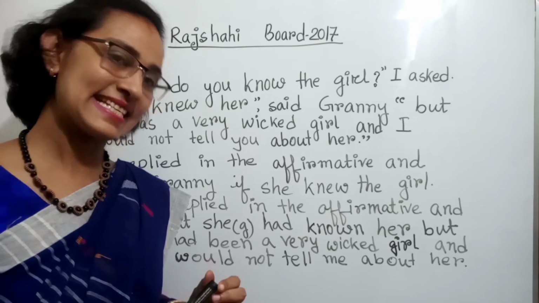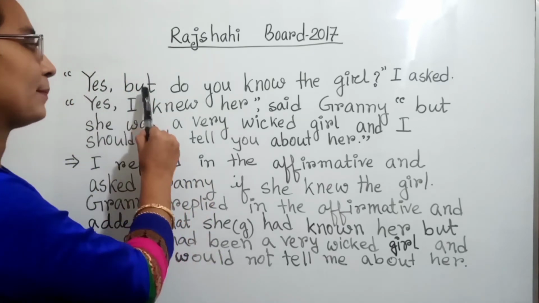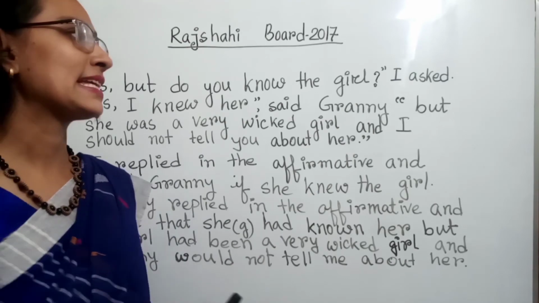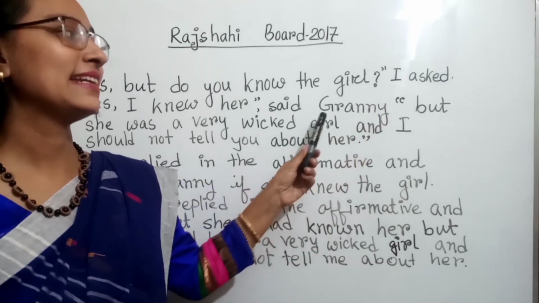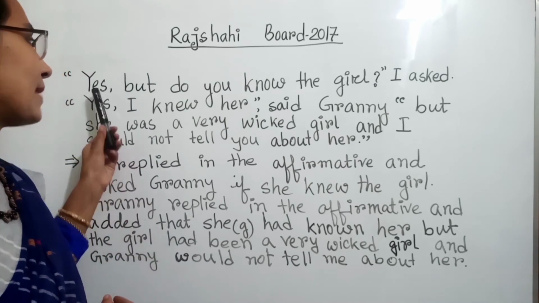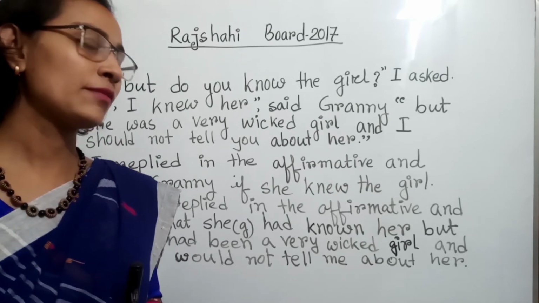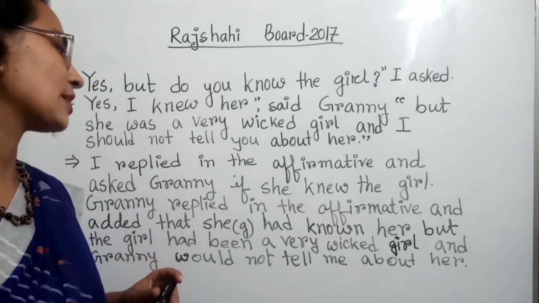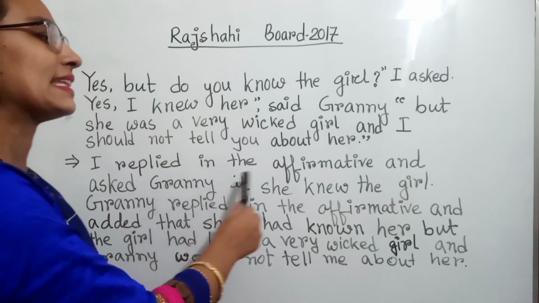Next, I will show you the fourth sentence. The next sentence is, "Yes, but do you know the girl?" I asked. Here, the speaker is I and the listener is Granny. And the sentence started with "yes." If you see "yes" in any sentence, in that case you have to write "replied in the affirmative."